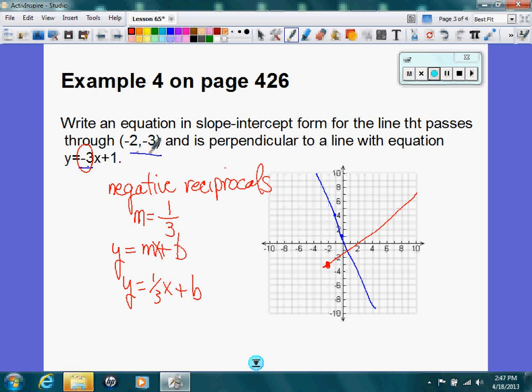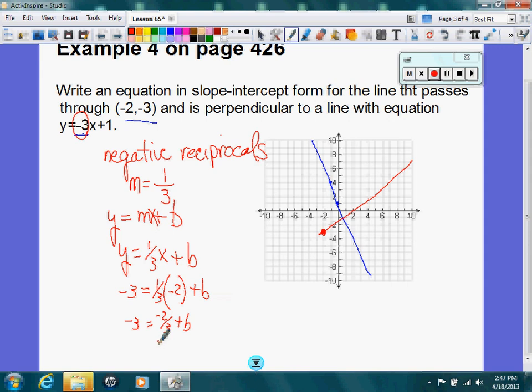So we put in -3 for y is equal to 1/3 times x, where the x value was -2, plus b, and we solve for b. We multiply this out and get -2/3 plus b is equal to -3, and then we add 2/3 to both sides.